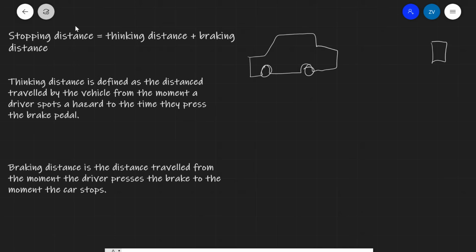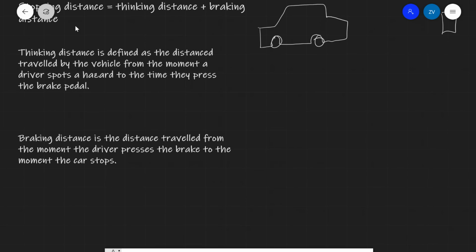It would take a little bit of time for the driver to react and to press on the brake pedal. So let's say half a second. During that half a second, the vehicle would have traveled some distance. We're going to call that distance thinking distance.